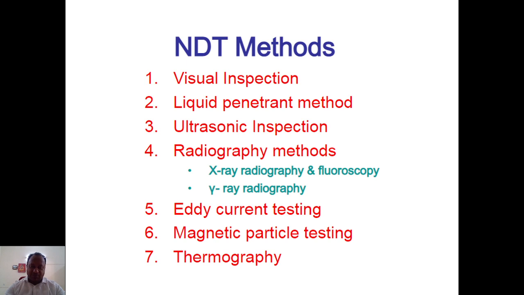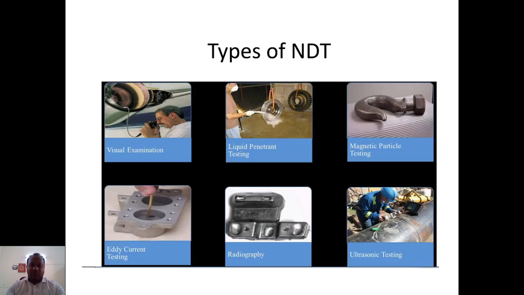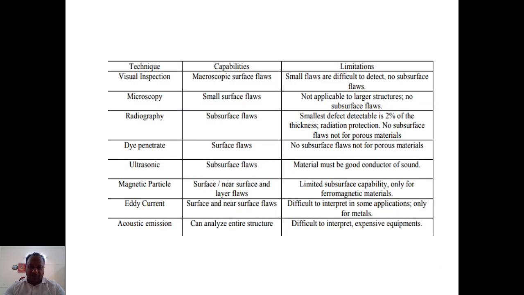In visual inspection, by looking at the top side we can identify defects, but the depth of the defect we are not able to see. Beyond visual inspection, we have liquid penetrant, magnetic particle testing, eddy current, ultrasonic testing and radiography. These are the types of NDT.